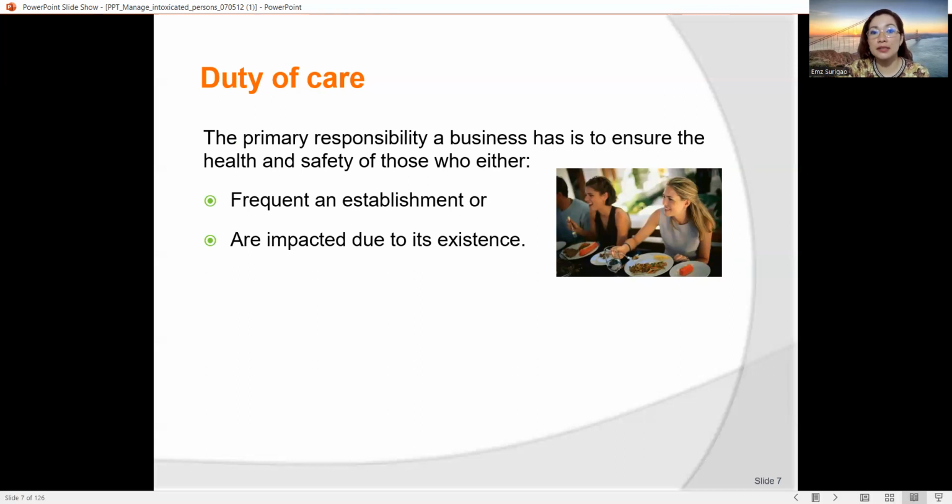Duty of care. The primary responsibility a business has is to ensure the health and safety of those who either frequent an establishment or are impacted by its existence. This is the responsibility of establishments selling alcoholic beverages.